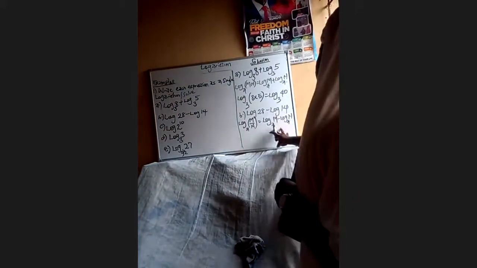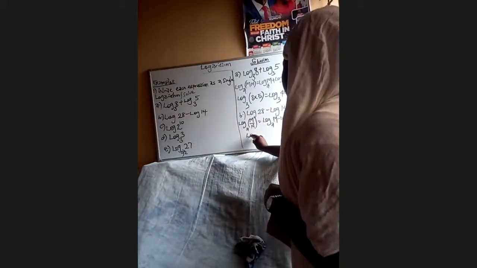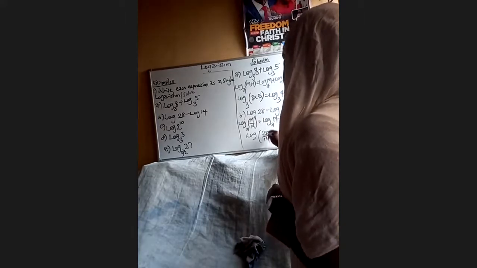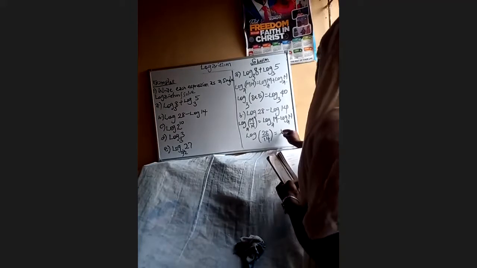So if this is the rule, we have this as logarithm of 28 over 14. 28 divided by 14 is what? That's 2. So we have it as logarithm of 2.